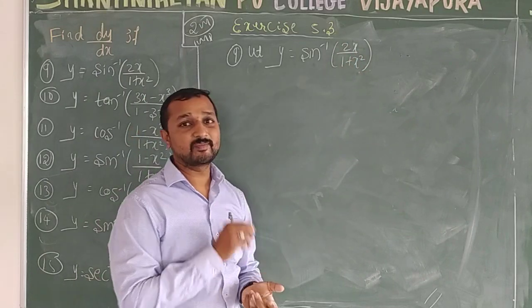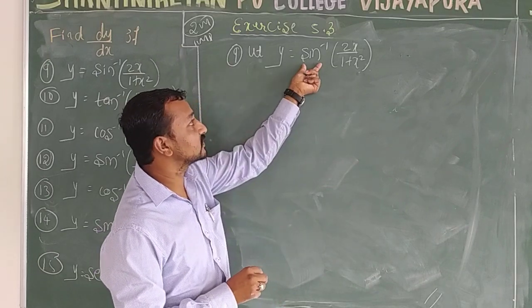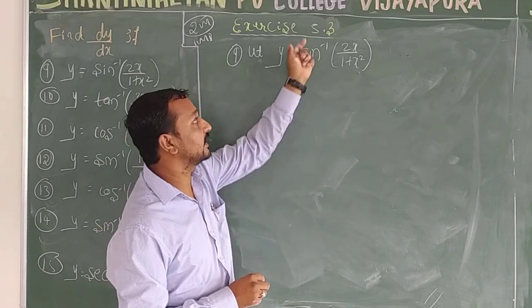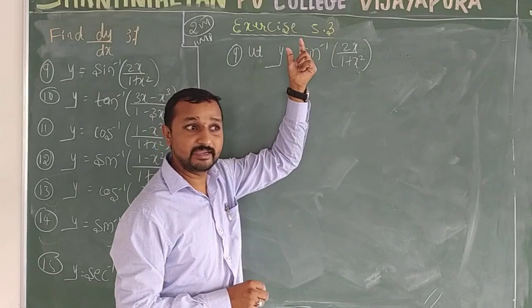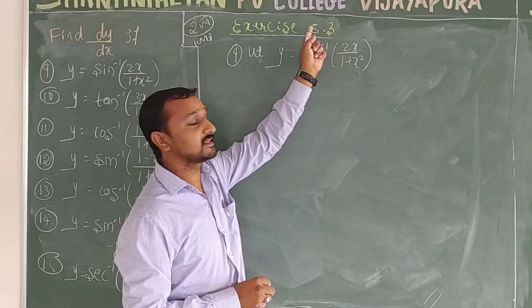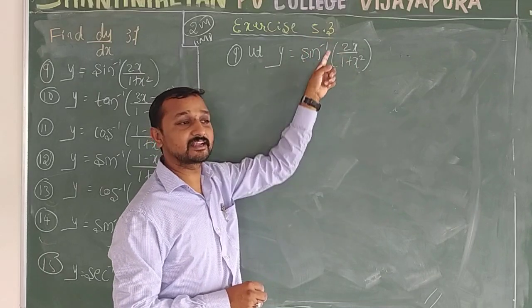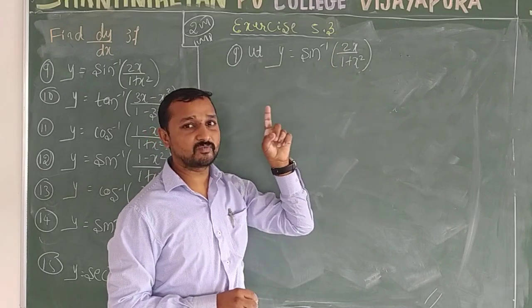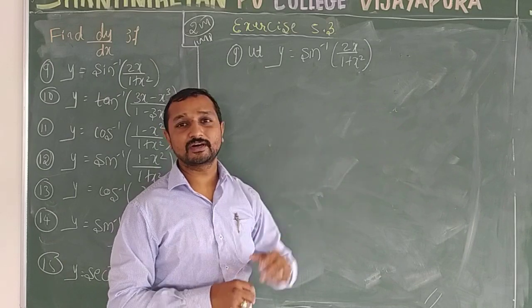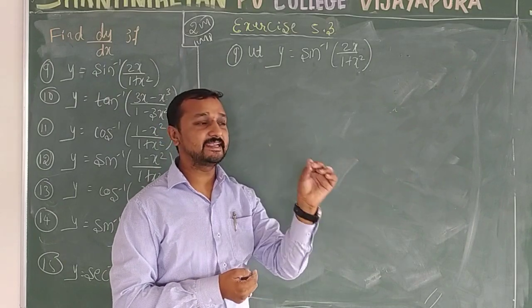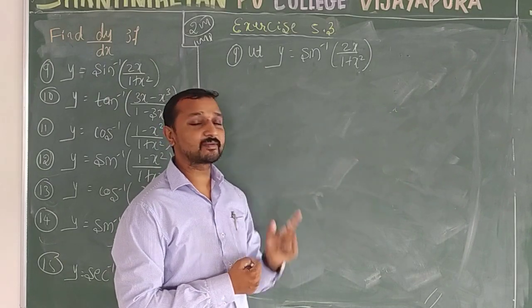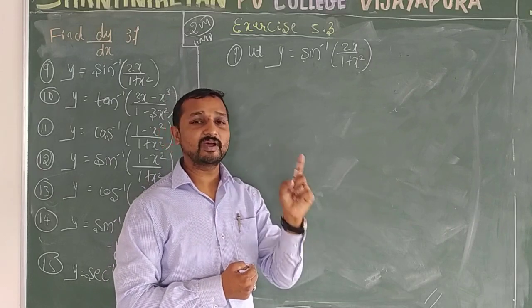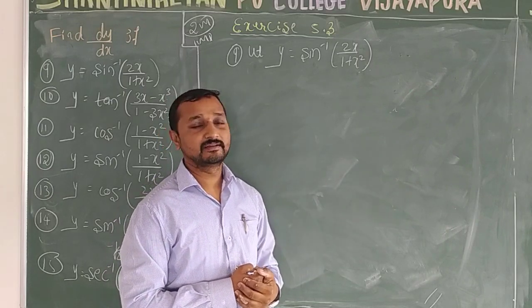So students, remember that here a sin inverse function is there. In the bracket if we get a sin function, then sin inverse and sin get cancelled, and the remaining part is the answer. Is that clear? We know there are 2 formulas for sin 2 theta: 2 sin theta cos theta, and another one, 2 tan theta divided by 1 plus tan square theta.